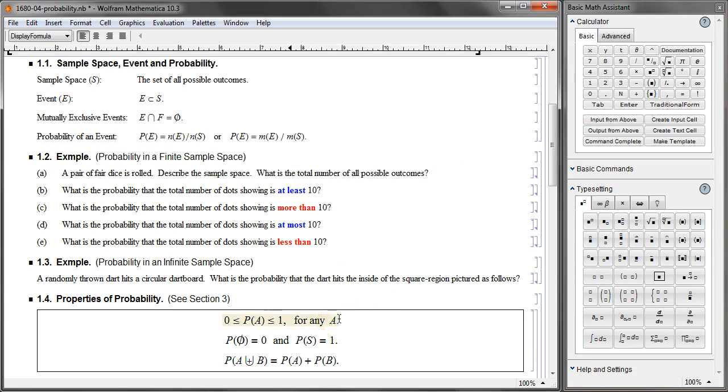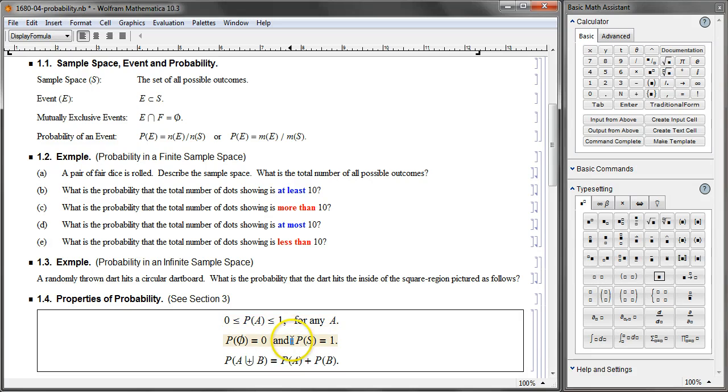First, for any event, the probability is between 0 and 1. So 0 is impossible, almost impossible. 1 is absolute, almost absolute. If you like percentages, then it could be written as 0% to 100%. Personally, I prefer decimals, but if you use percentages, I'll accept those.